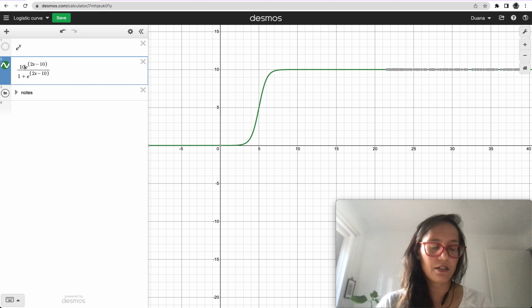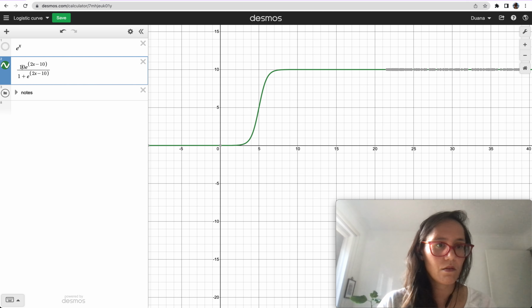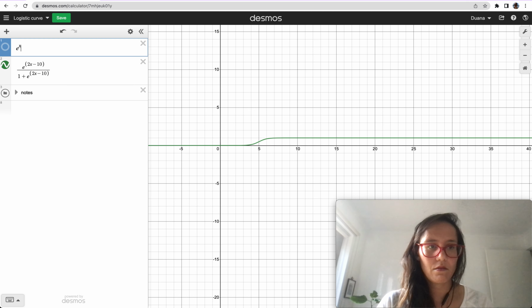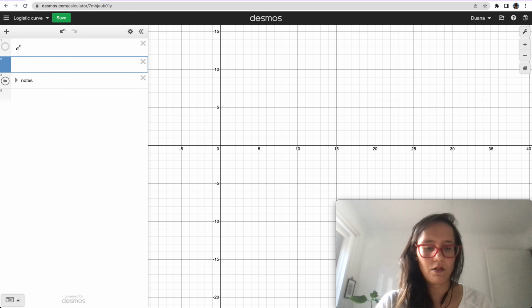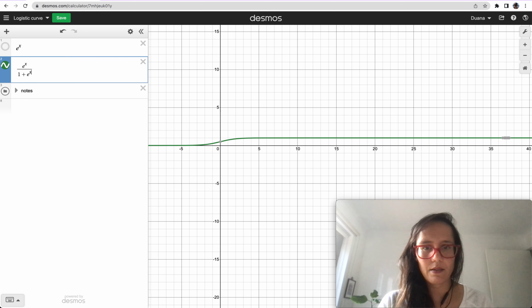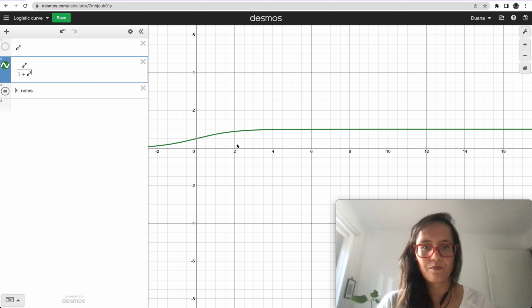Let's take it back to the original function, and just get rid of all these extra bits here. But, no worries, I can quickly make it again. Plus e to the x, there's my S shape.